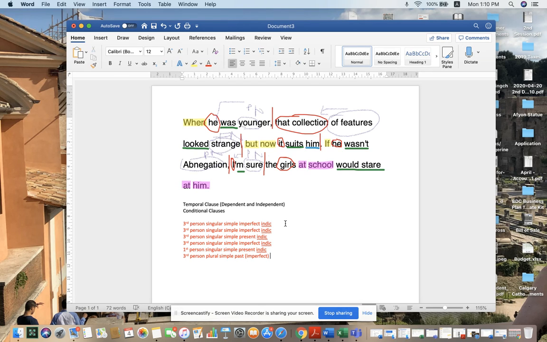Not true though, because it's a condition, okay? It's subjunctive. All right? So in other words, if this condition was met in the past, okay, then I'm sure in the present that the girls would stare at him, okay, as the fulfillment of that condition.